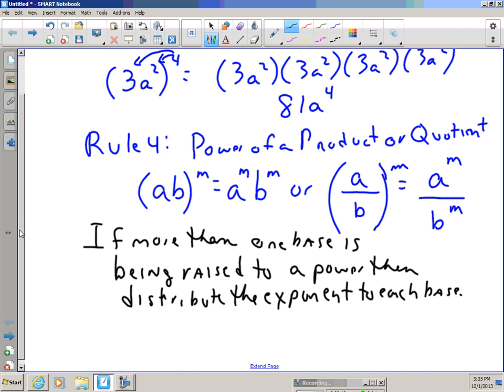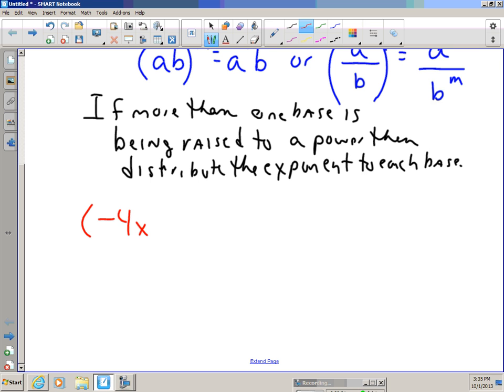So let's demonstrate this with a couple of examples. If I had negative 4 x to the third to the fifth power, okay? Or let me change that around to make the numbers a little bit more workable. Negative 4x to the fifth to the third power.